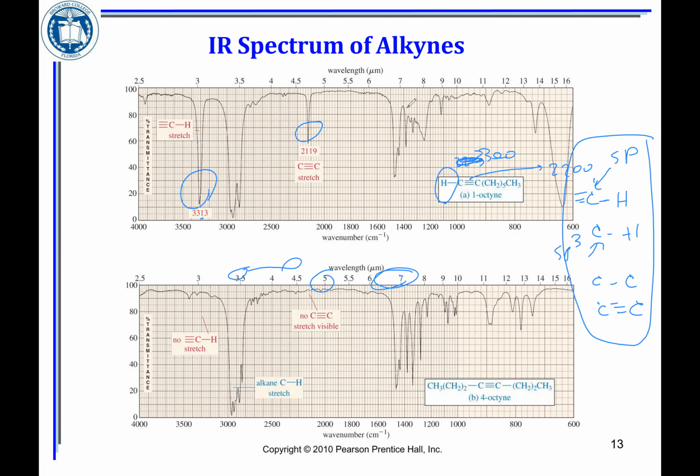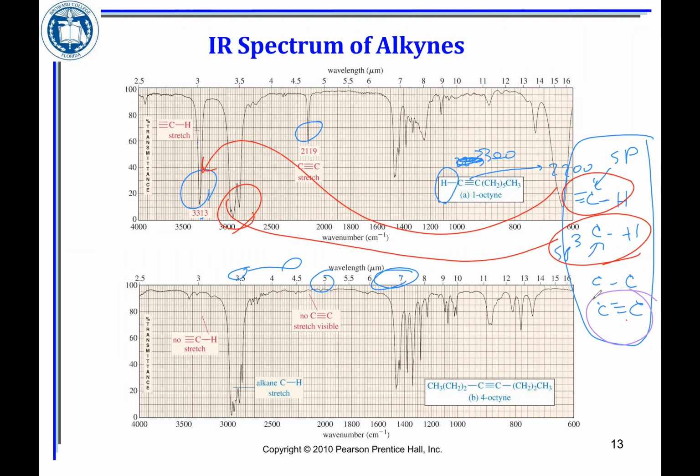The sp3 would show up here. The sp CH would show up around 3300. And then the CC triple bond would show around 2200. And then the CC single bond is going to be around 1200.